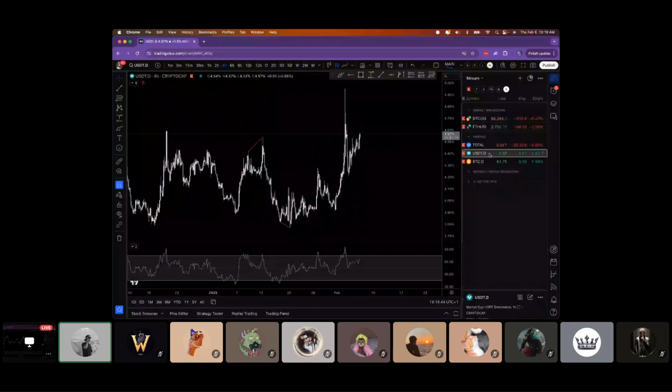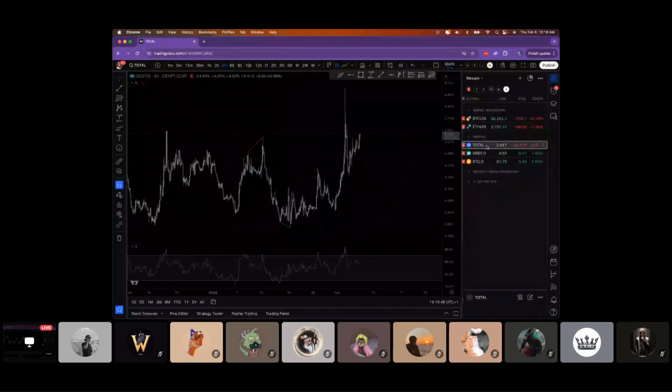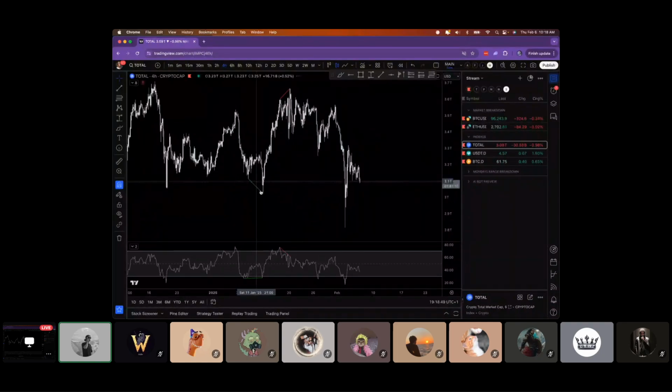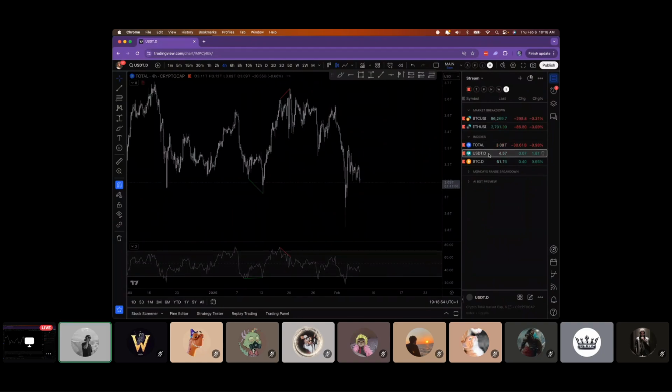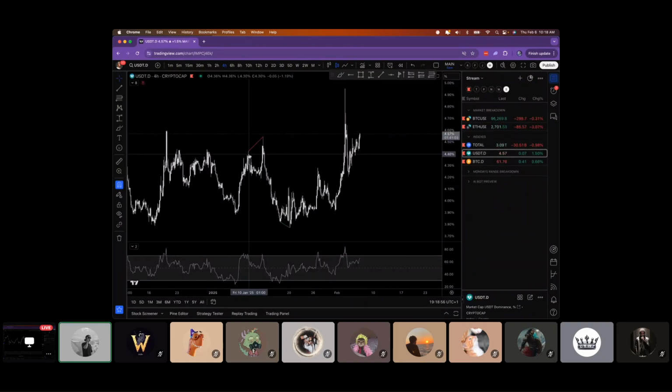If this is going down, crypto's generally going up. So you can see the inverse of total. Here we had the bullish divergence on the 13th, and inversely we had the USDT bearish divergence, and vice versa. So these are good charts to keep an eye on.